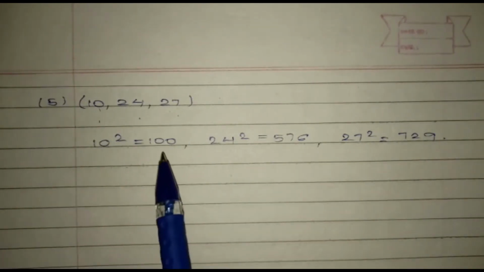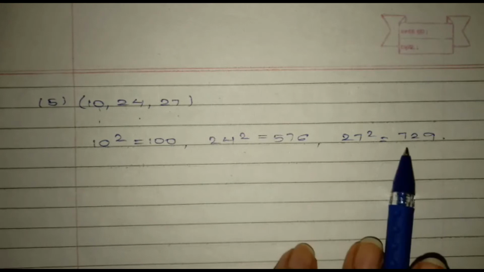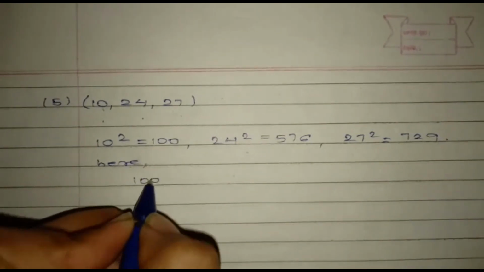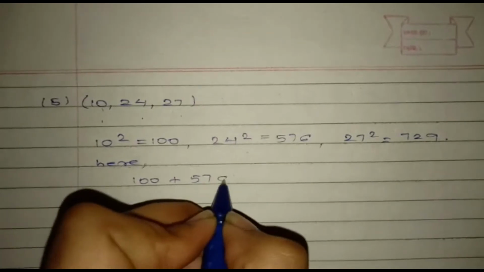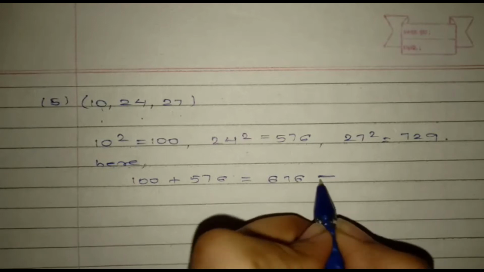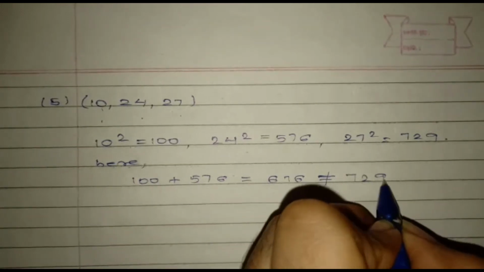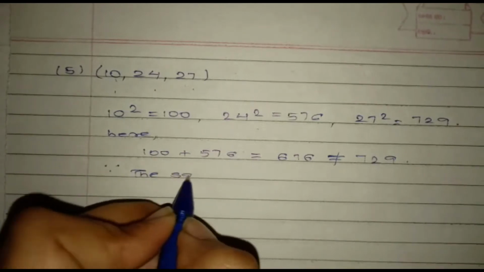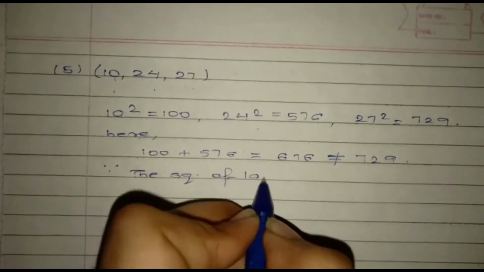So let us check whether 100 plus 576 gives us 729. Here 100 plus 576 is equal to 676, which is not equal to 729.